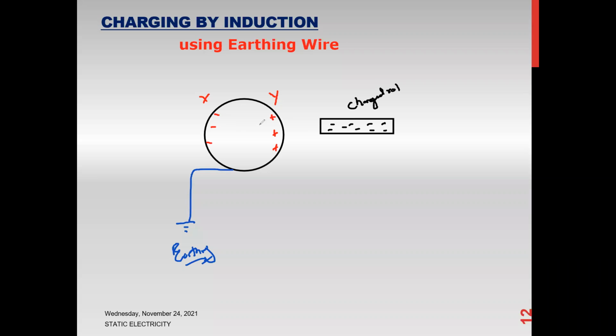So because these electrons are experiencing repulsion from the charge rod, they find space to go out, so they will go out from the metal sphere to the earthing. When these electrons go out from the metal sphere to the earthing, what will happen?